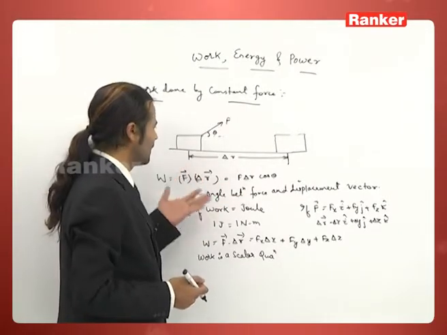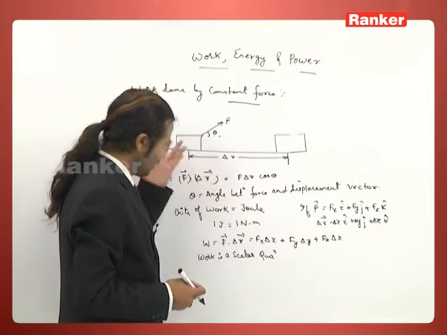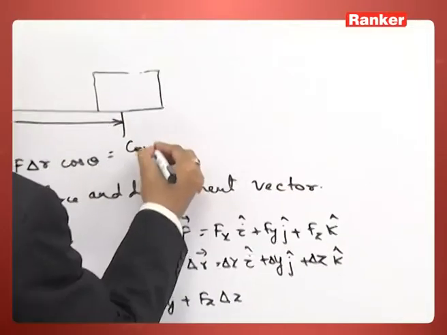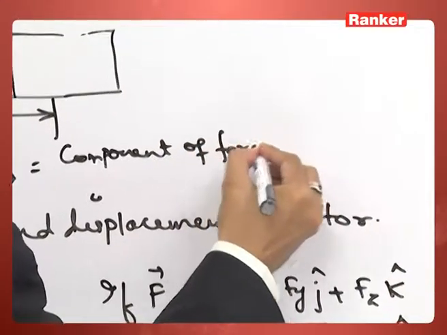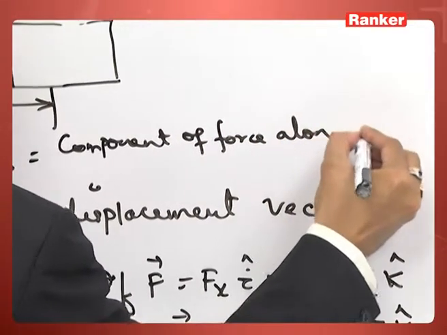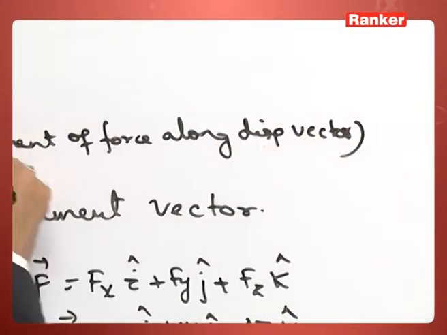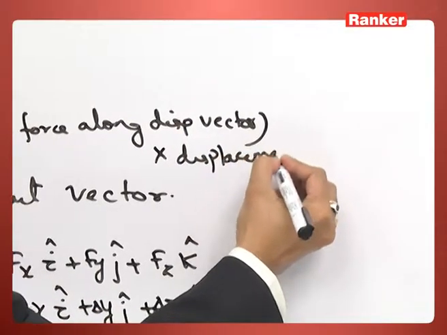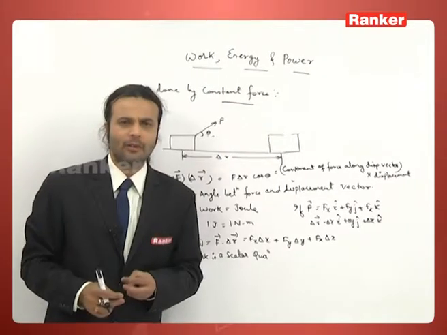If the force vector is making some angle with the displacement vector, then we have to take the component of the force along the displacement vector multiplied by displacement. This is defined as the work done by constant force.